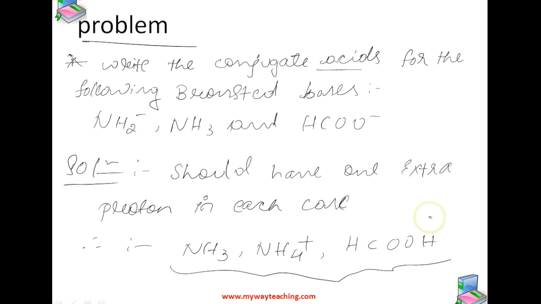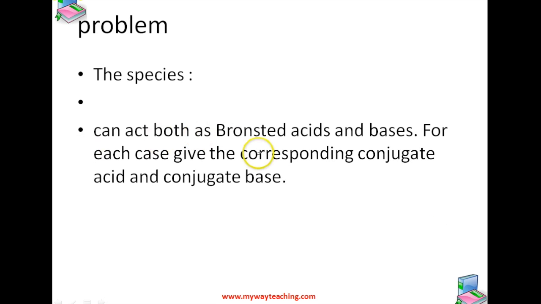Okay, next problem. The species H2O, HCO3 minus, HSO4 minus, and NH3 can act both as Bronsted acids and bases.